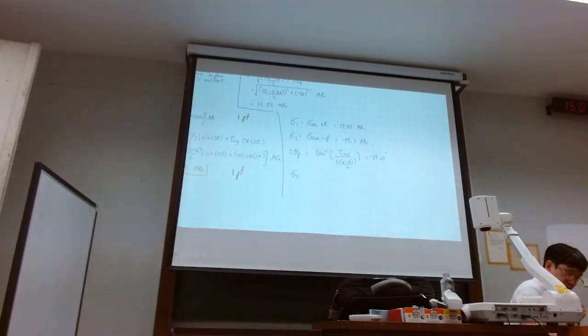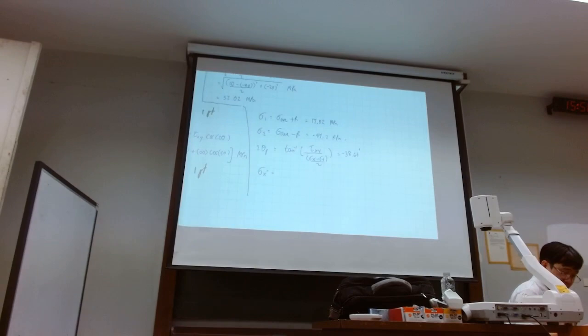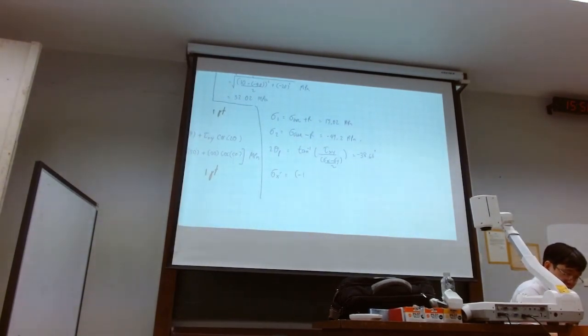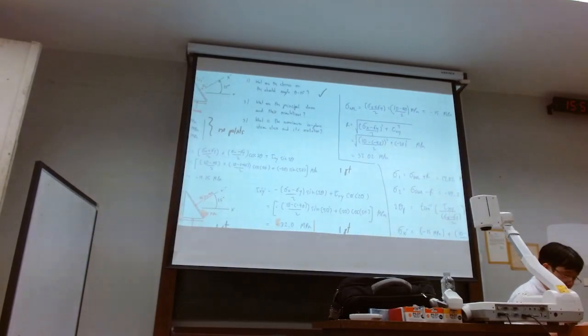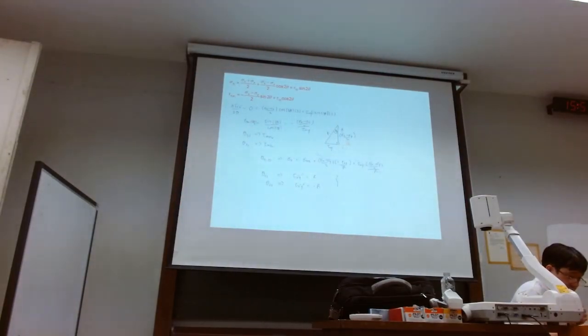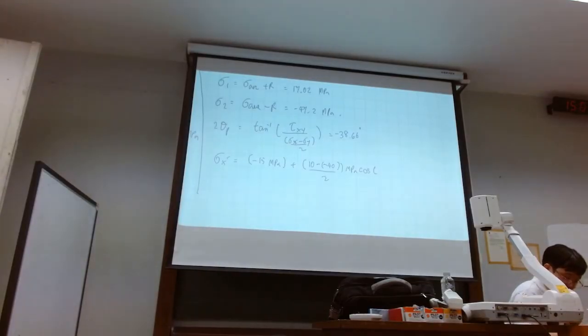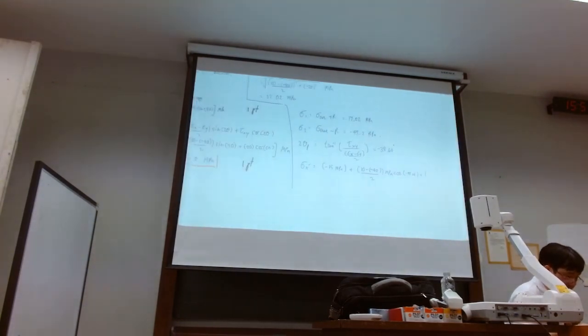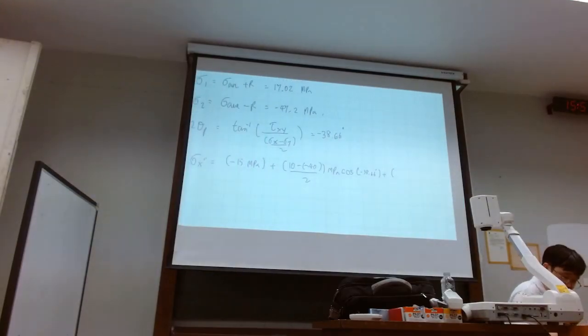I just put it in the formula, and this one is your sigma average, which is minus 15 MPa plus sigma x minus sigma y over 2, times cosine of minus 38.66 degrees, plus tau xy, the minus 20, times sine of minus 38.66 degrees, in MPa.